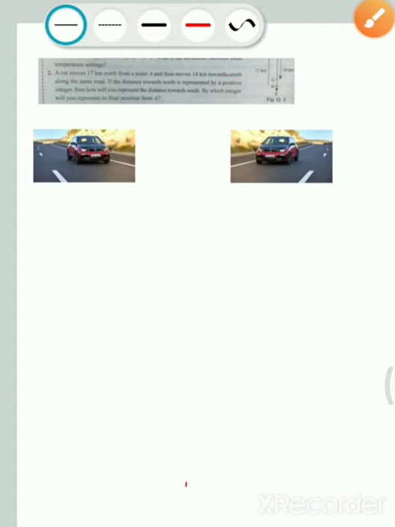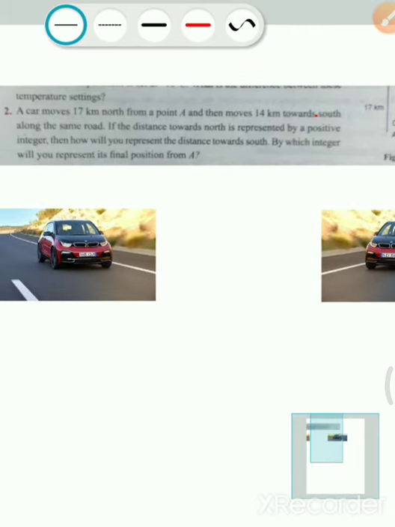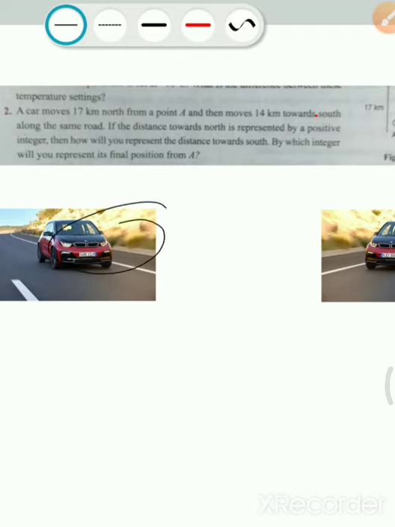Now have a look at your question number 2. A car moves 17 kilometers north from a point A, and then moves 14 kilometers towards south.